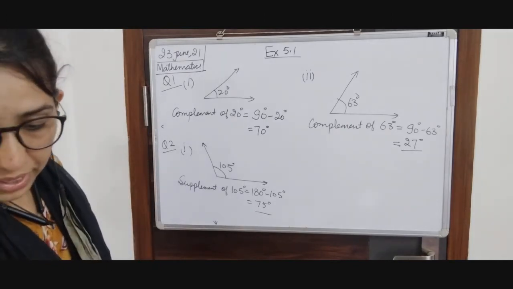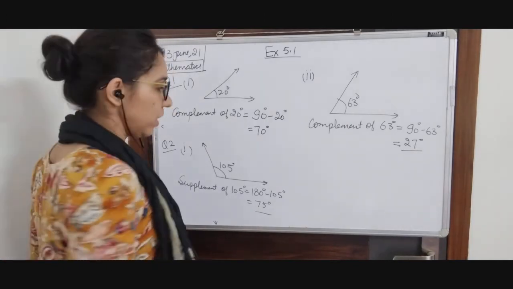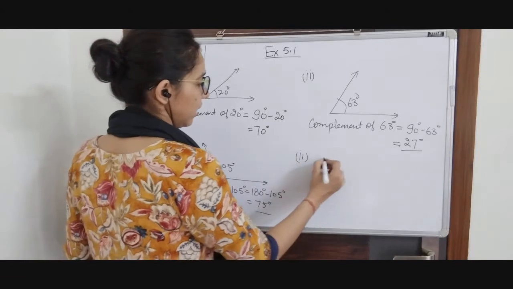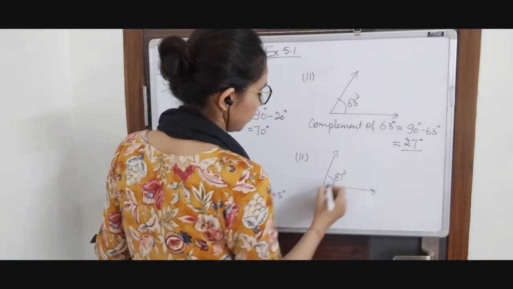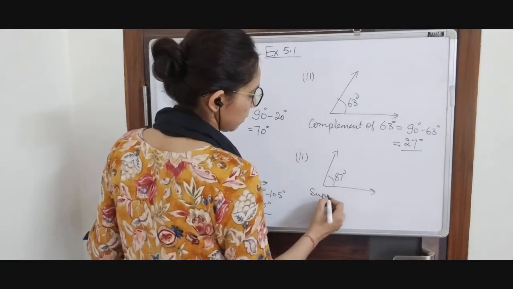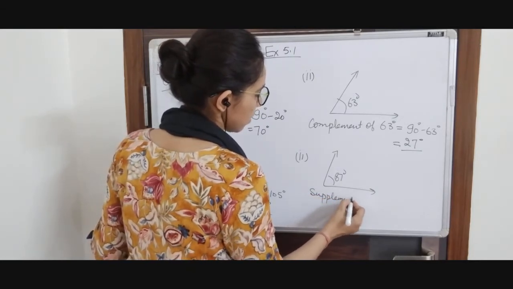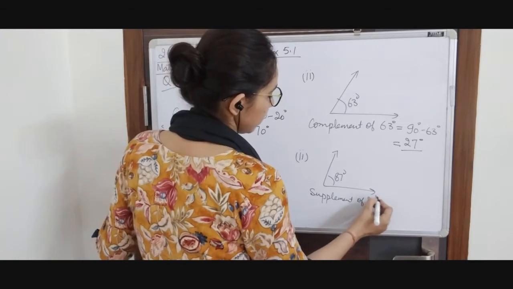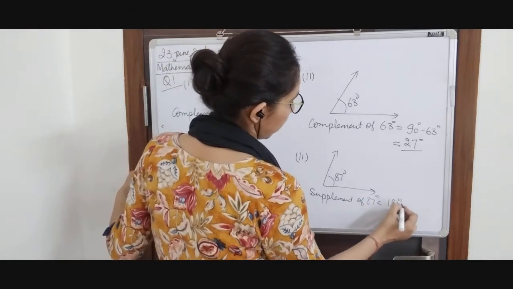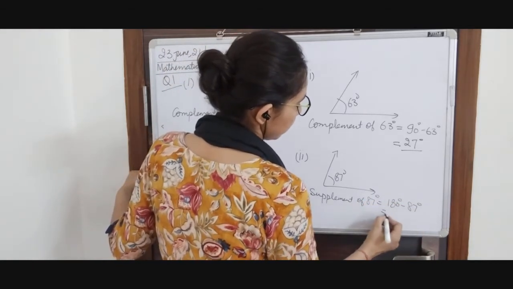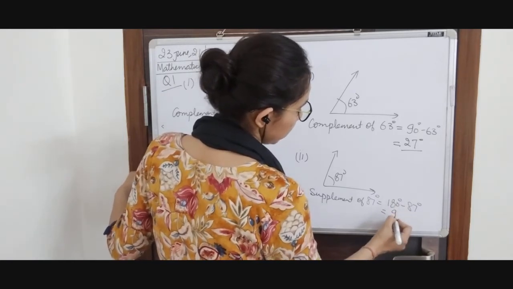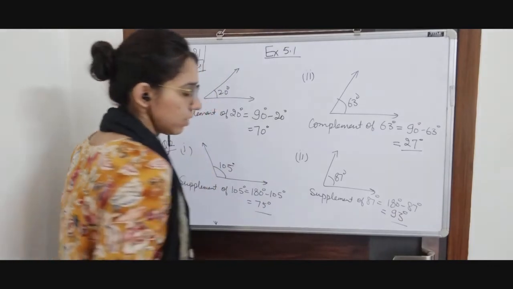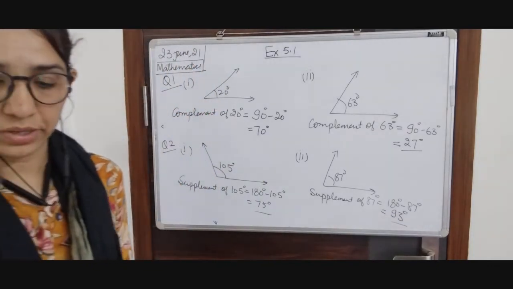Similarly, you can find it for B, which is 87. The supplement of 87 degrees will be 180 minus 87, which is 93 degrees. Similarly, we can solve part 3.